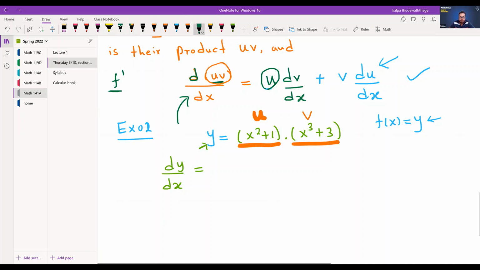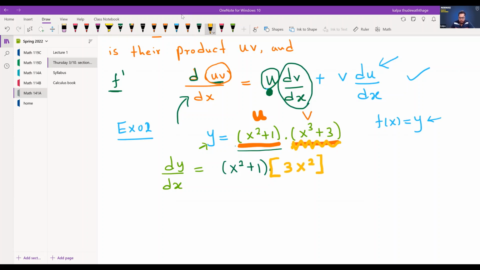So the product rule says, first write the first guy. You have to write the function u first. Okay, I write it, and then take the derivative of v. Agree? Take the derivative of this one. What will you get? 3x squared. All right. So what is the next one?